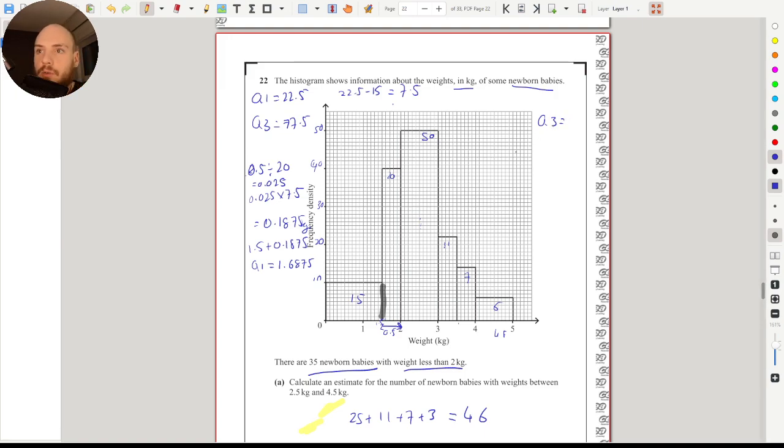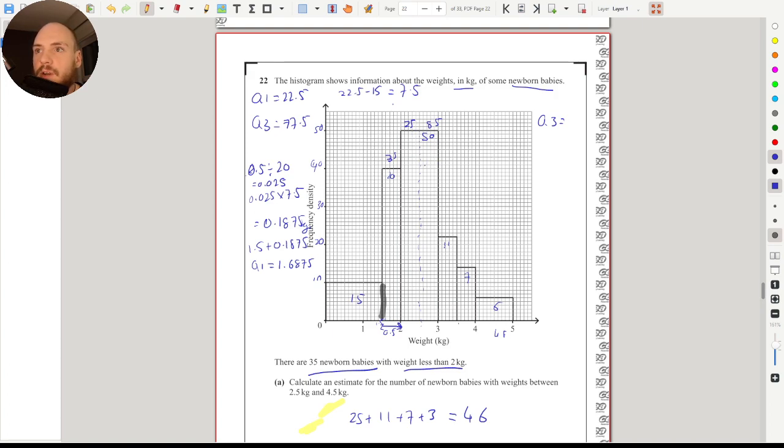Okay, and now we're going to look for our Q3 value. So we're going up. This is 15, add 20, so that's 35. 35 add 50 is 85. So we're somewhere in this block here. If I split it in two, again, I'm not very good at freehand, the first half represents 25, so 35 plus 25 would be 60.